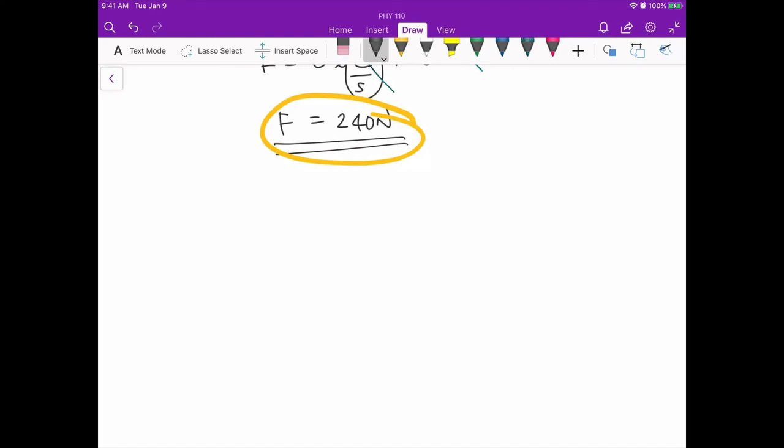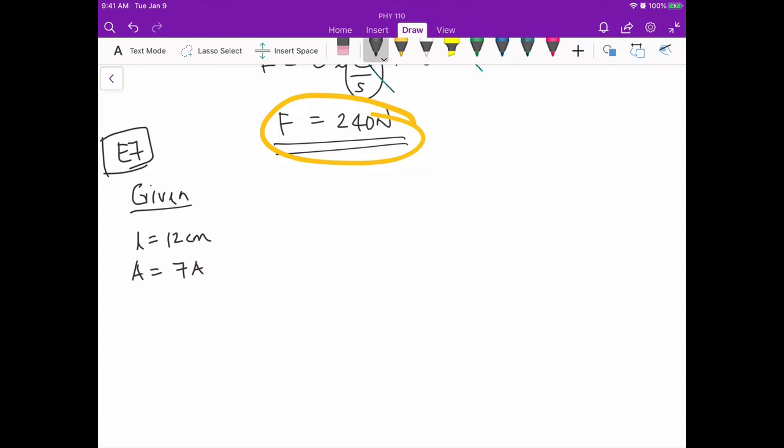E7 states the following. A straight segment of wire has a length of 12 centimeter. You're told the length is 12 centimeter of a given wire, and it's carrying a current of 7 ampere, and it's oriented at right angles.